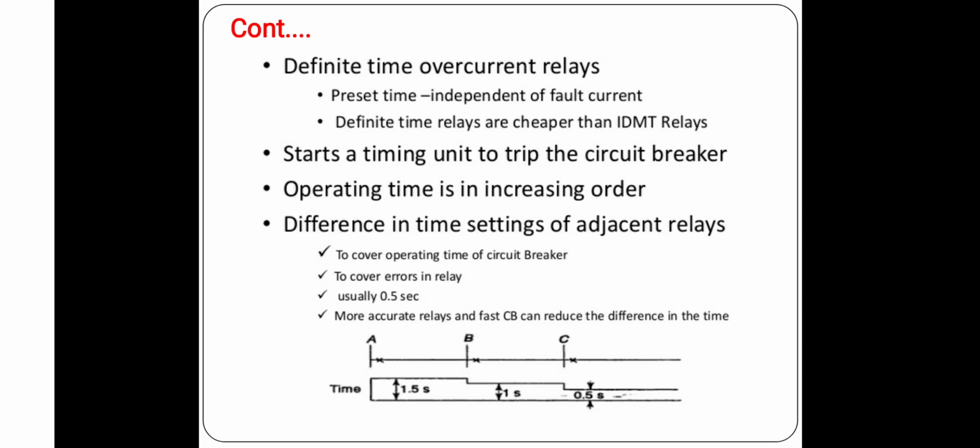So after these drawbacks, this scheme is basically suited for a system where the impedance, that means the distance between substations, is low, because the drawback is that for a fault near the power source, the operating time is more. If we want to use this scheme, it is very suitable for a system where the impedance or distance between substations is quite low.